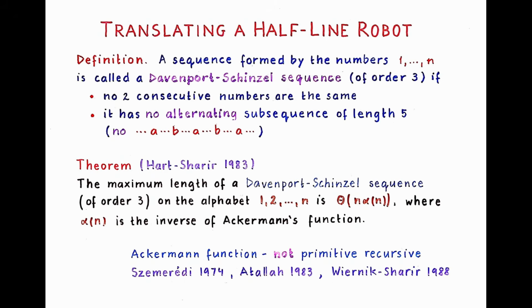The Ackermann function is an extremely fast-growing function, much faster growing than exponential, double exponential, triple exponential, whatever you wish. So its inverse is essentially a constant, but it tends to infinity. In fact, it is so small that if n is about the number of atoms in the universe, then the value of the function is still under 10.